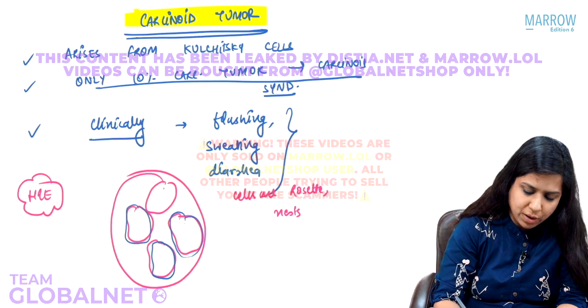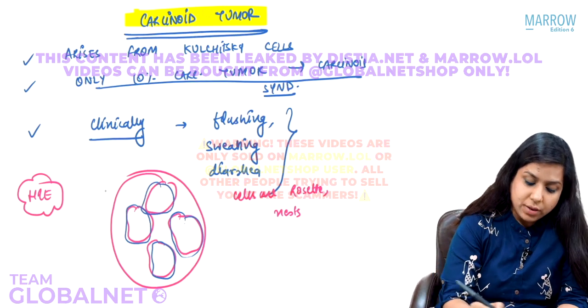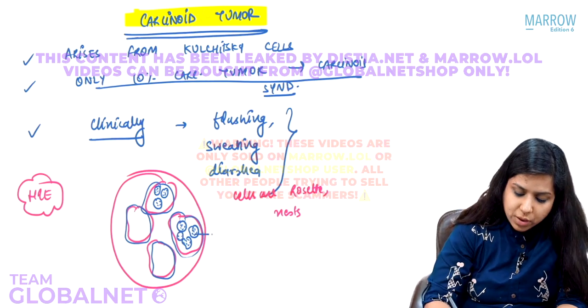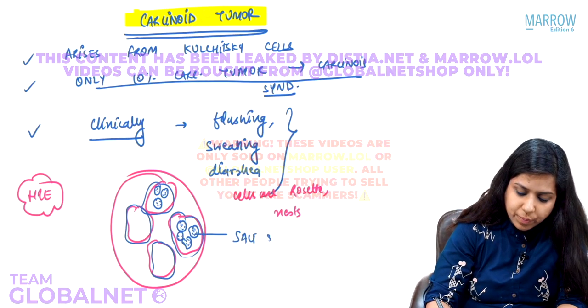There is a stroma around the cells, right? Then the cells have what is called salt and pepper chromatin. I just told you some time back that all neuroendocrine tumors have salt and pepper chromatin.